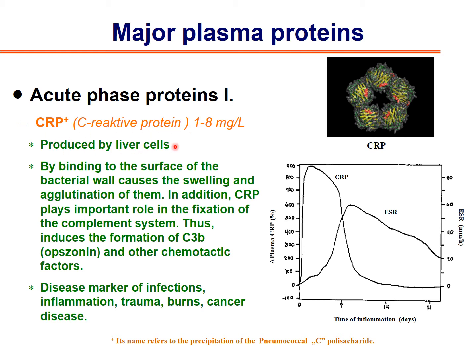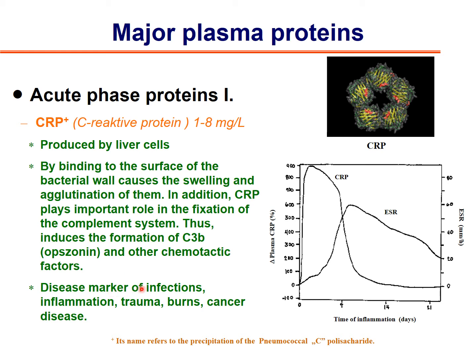This is produced by the liver cells and binds to the surface of the bacterial wall and causes swelling and agglutination of them. In addition, the CRP plays an important role in the fixation of the complement system, thus inducing the formation of C3b, the opsonin, and other chemotactic factors.